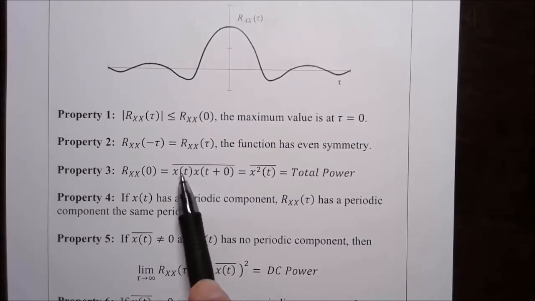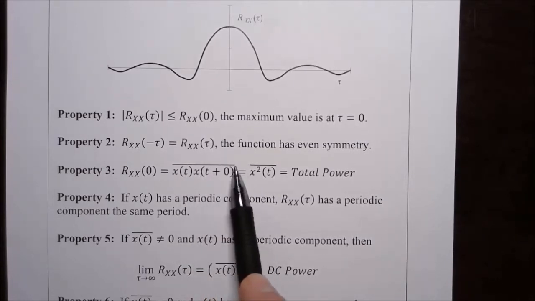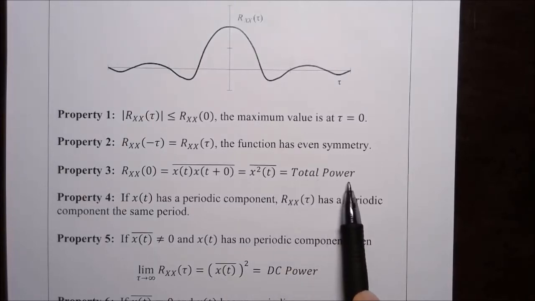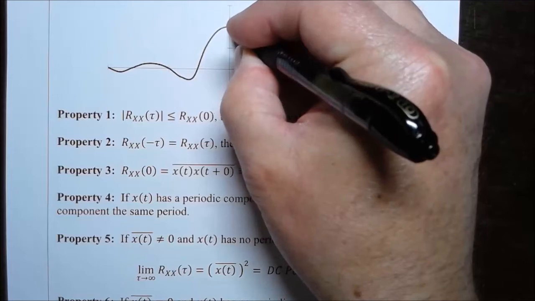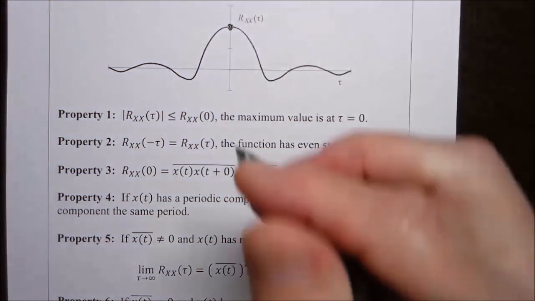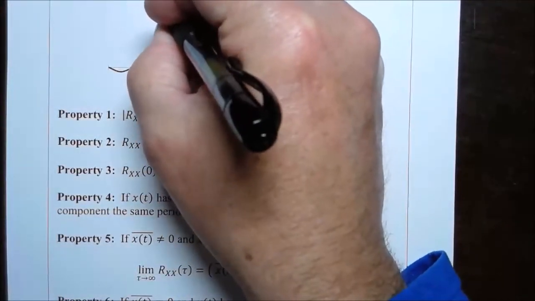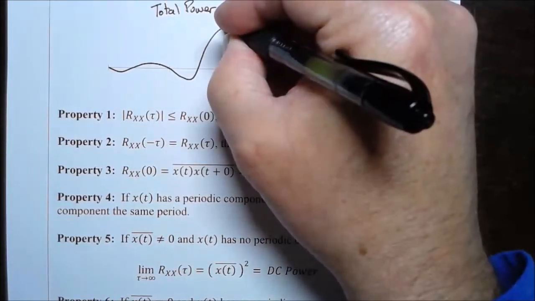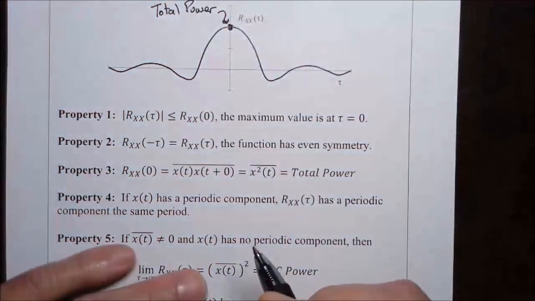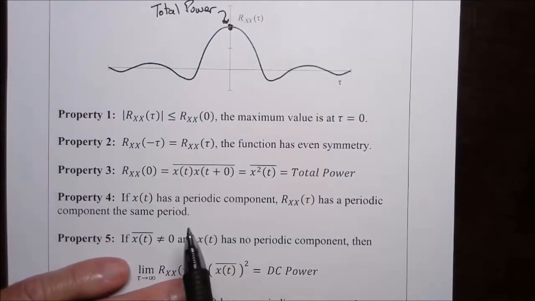So that's simply x of t squared, time averaged. That is the total power. The value of the autocorrelation at time tau equals 0 is the total power. So the autocorrelation has the total power information built into it.